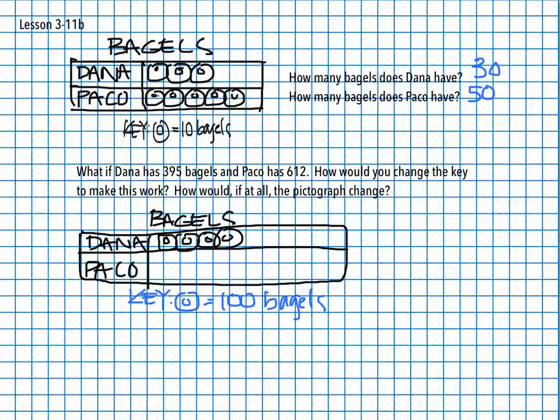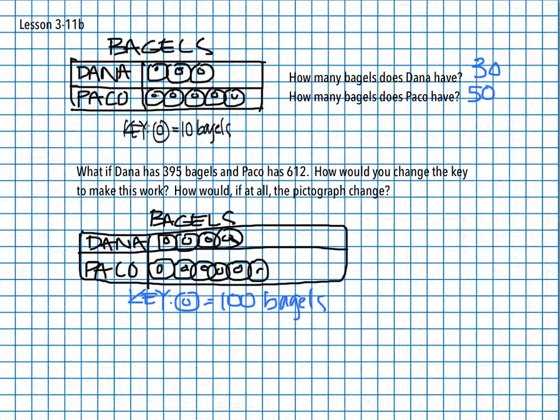If I wanted to, I could just cut out a chunk of it, and then people would know. For Paco, with 100 bagels each, he's got 600, so 2, 3, 4, 5, 6. I'm just going to round down to 6 and not worry about the 12.